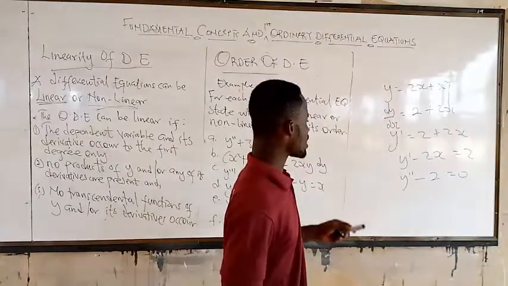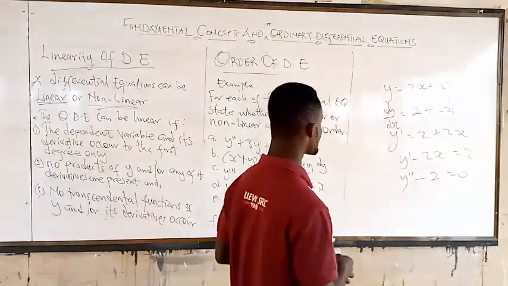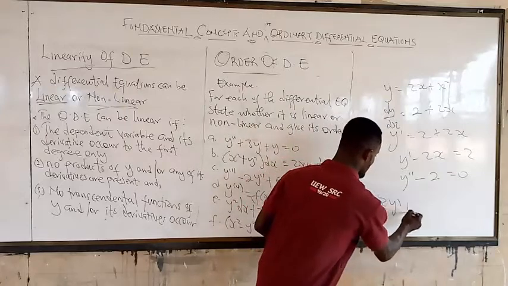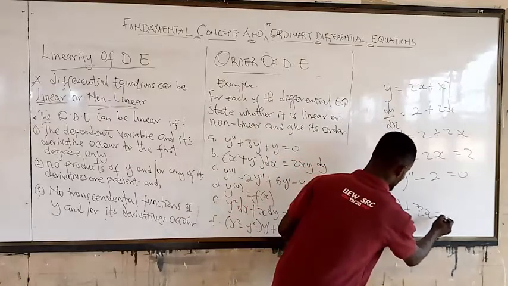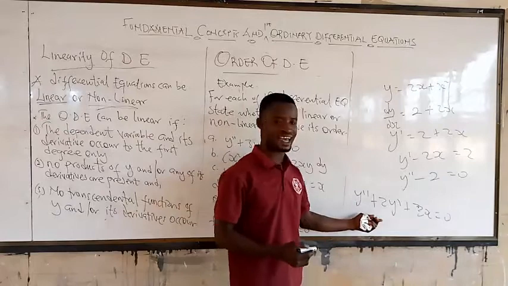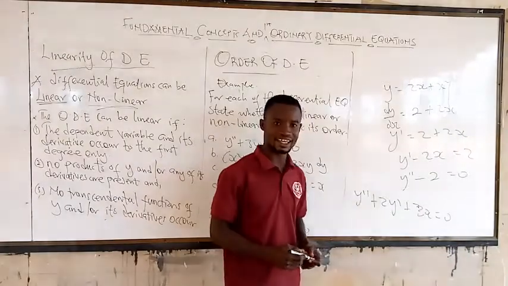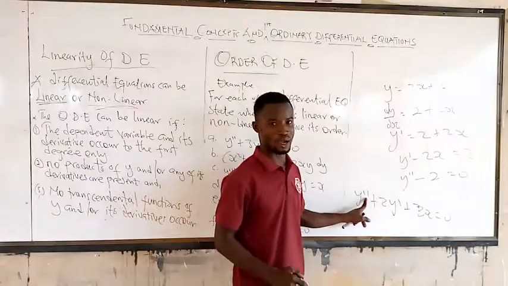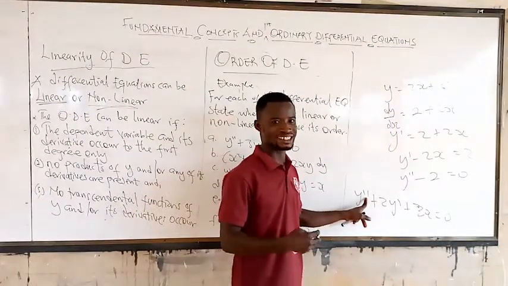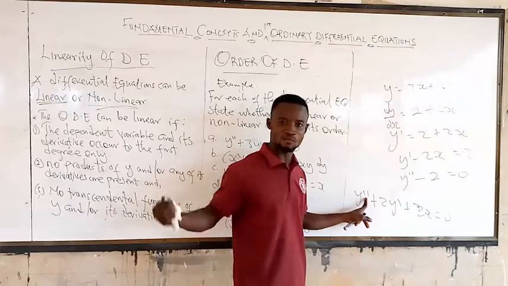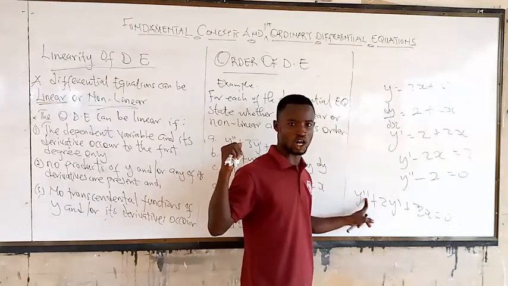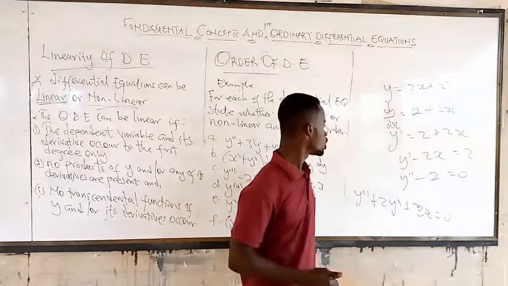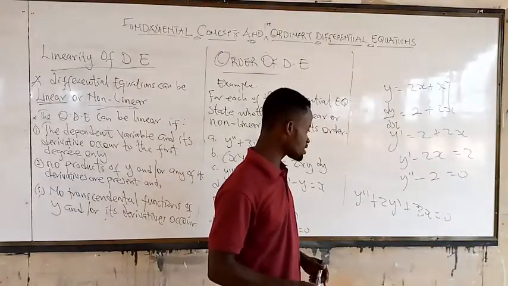Now, in case I have y prime prime plus 2y prime plus 3x equal to 0, this is still a second derivative, of order 2, whether it's linear or non-linear. I'm going to explain it well under this example. So this is what I want to first take you through.